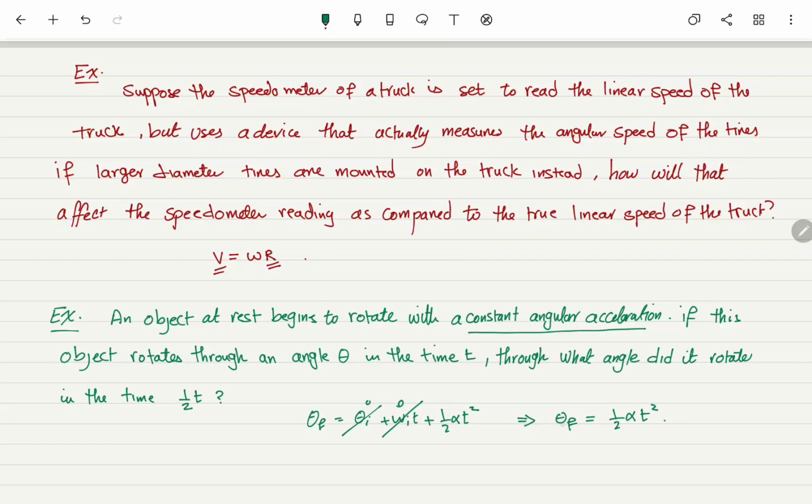Notice that theta is related to t square, which means if t goes to half t, theta will be a quarter of the angle. So theta at t equal to half t is a quarter of this magnitude, half alpha t square.